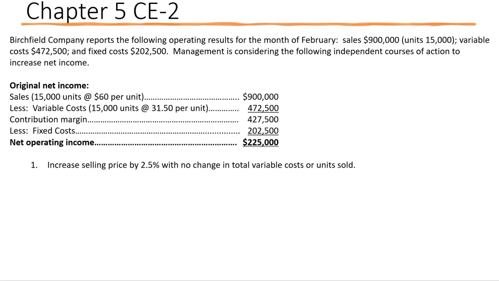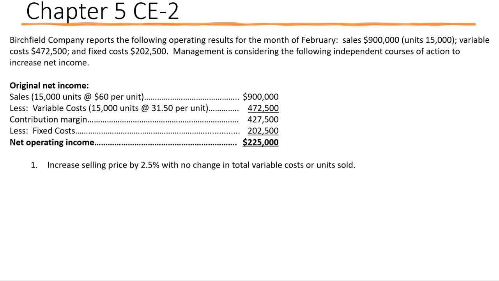Again, using the 15,000 units, we get a variable cost of $31.50 per unit. And then we have our contribution margin. Then we reduce that by our fixed costs, and our net operating income is $225,000.